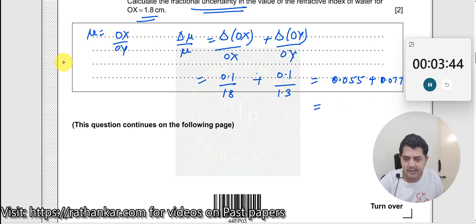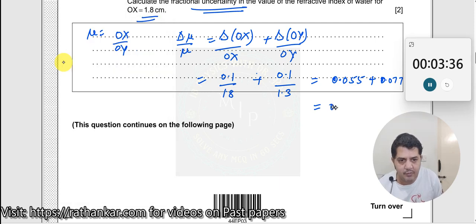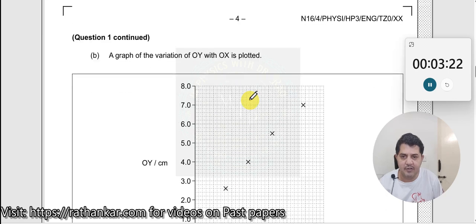When I add these two, 0.077 plus 0.055, I get 0.132. How many significant figures does this have? Two significant figures, so the answer should also be only two significant figures. So the right answer is delta mu by mu equal to 0.13. Okay, let us move on to the next one.